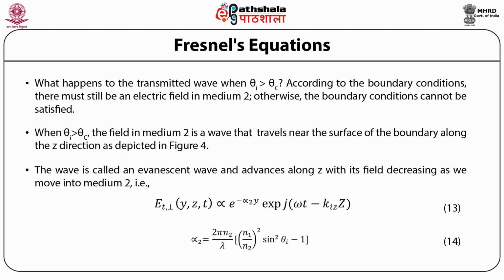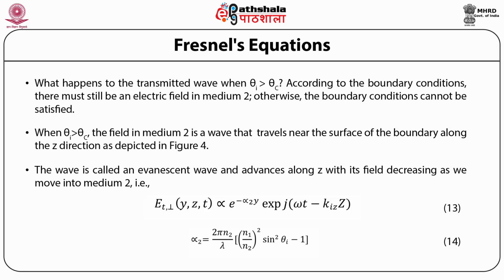The wave vector of the incident wave is along the z-axis, and alpha 2 is an attenuation coefficient for the electric field penetrating into medium 2, where alpha 2 is equal to 2 pi n2 by lambda into whole of n1 by n2 whole square into sin square theta I minus 1, where lambda is the free space wavelength.